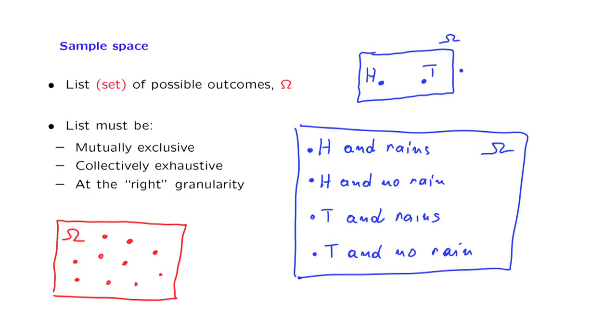But ultimately, the question of which one is the right sample space depends on what kind of questions you want to answer. For example, if you have a theory that the weather affects the behavior of coins, then in order to play with that theory or maybe check it out, in such a case you might want to work with the second sample space.